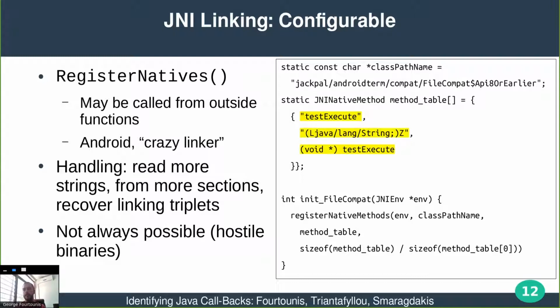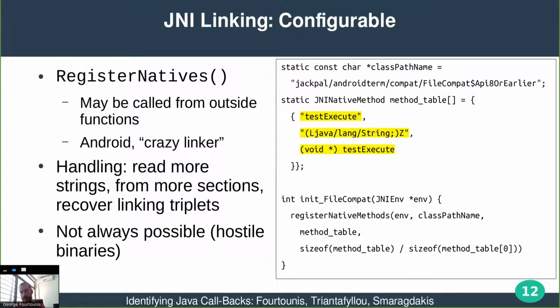The first line mentions a method name, the second line mentions a method signature, and the third is a function pointer. This triplet will eventually mean that in the Java world, where this method with this signature exists, link that entry point to this function pointer, to this function in the native library.